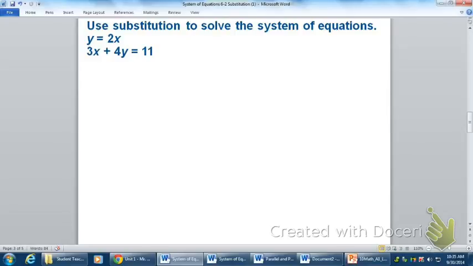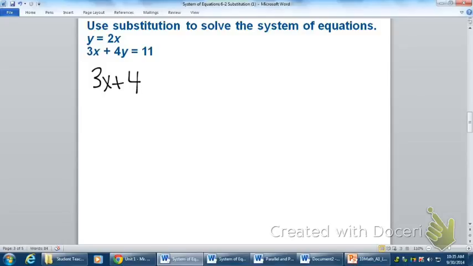This one, we're going to do the same thing. We're going to substitute. Since this is y equals 2x, we're going to substitute 2x into y. So I'm going to rewrite 3x plus.